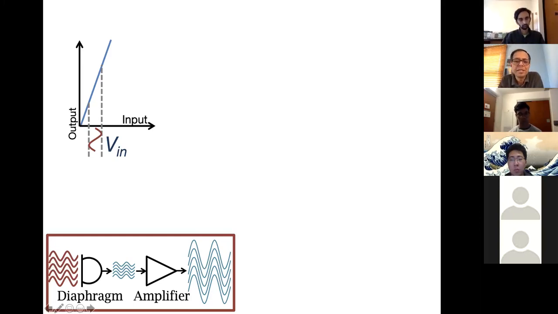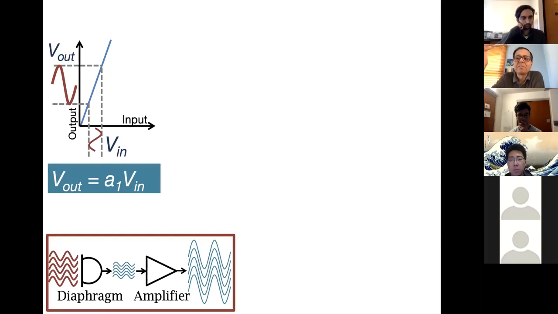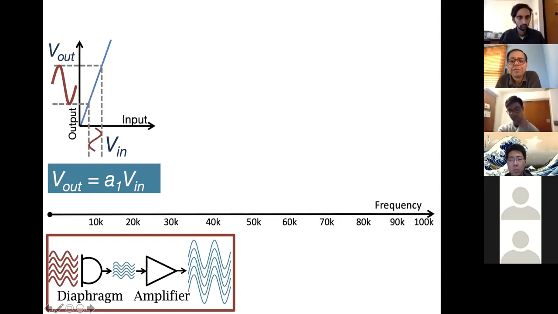What does that mean? It means that in this audible frequency band, if you give an input V in to this diaphragm and amplifier, they would give an output V out, which is a scalar multiple of V in. Does that make sense? Your hardware is linear, but only in the audible frequency range, which is from 0 to 24 kilohertz.